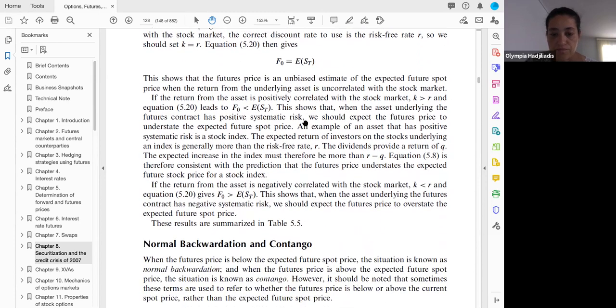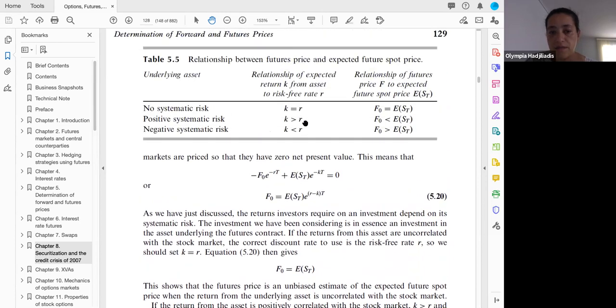So here we have basically a summary of this relationship between the futures price and the expected future spot price. This is the underlying asset: no systematic risk, positive systematic risk, and negative systematic risk.